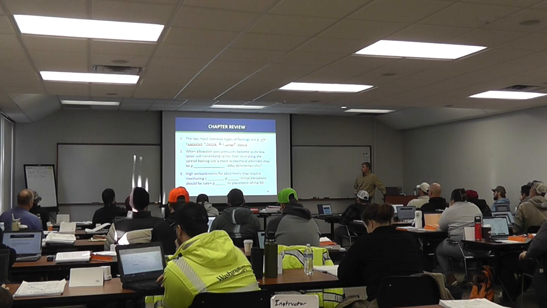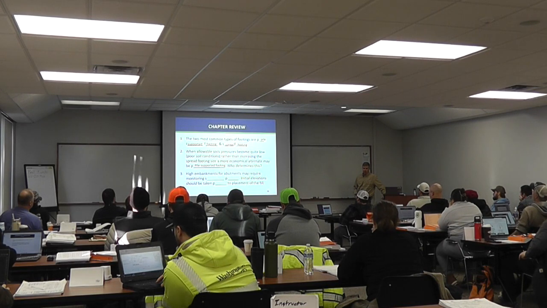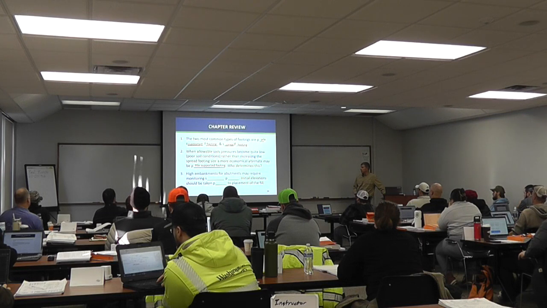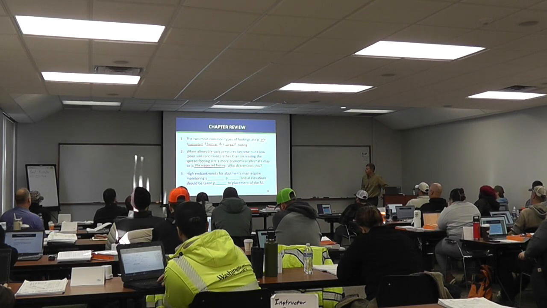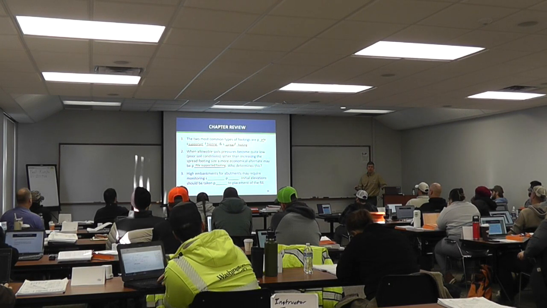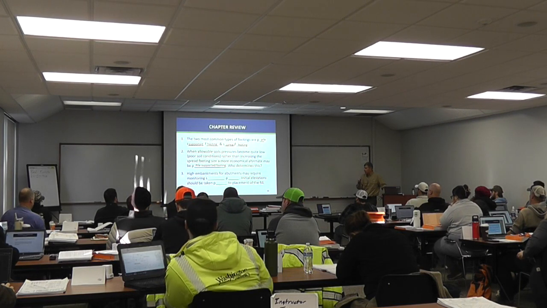Pile. I actually haven't really seen this. That would be a big change. And who determines this? That would be the engineer in the bridge office. The high embankments for abutments might require monitoring what kind of plate? Settlement plates.